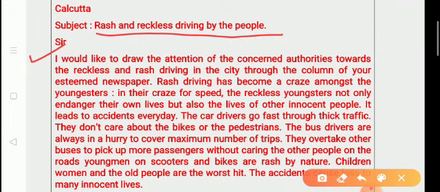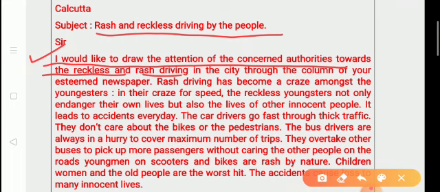I would like to draw the attention of the concerned authorities towards the reckless and rash driving in the city through the columns of your esteemed newspaper. So rash driving, then you will write what is the problem we are facing, what are the problems people are facing because of this rash driving.